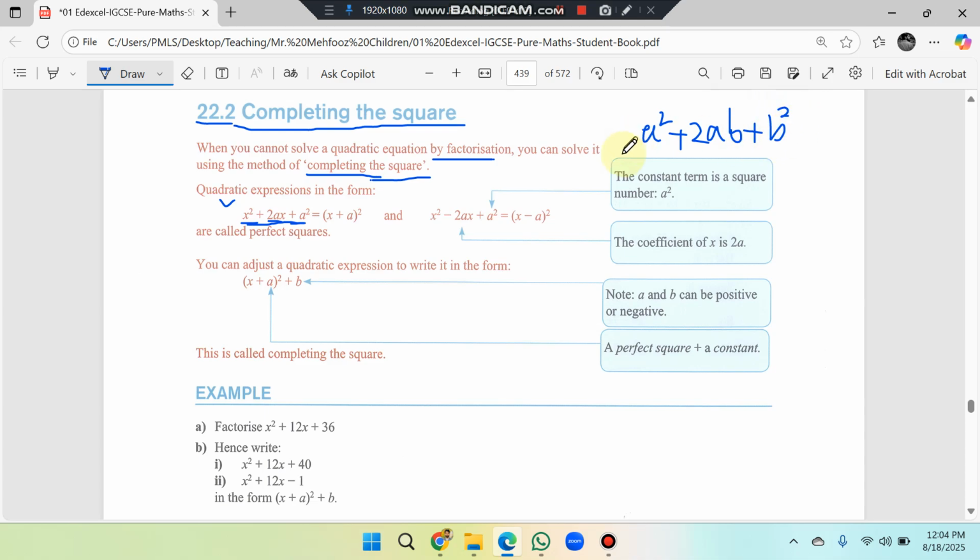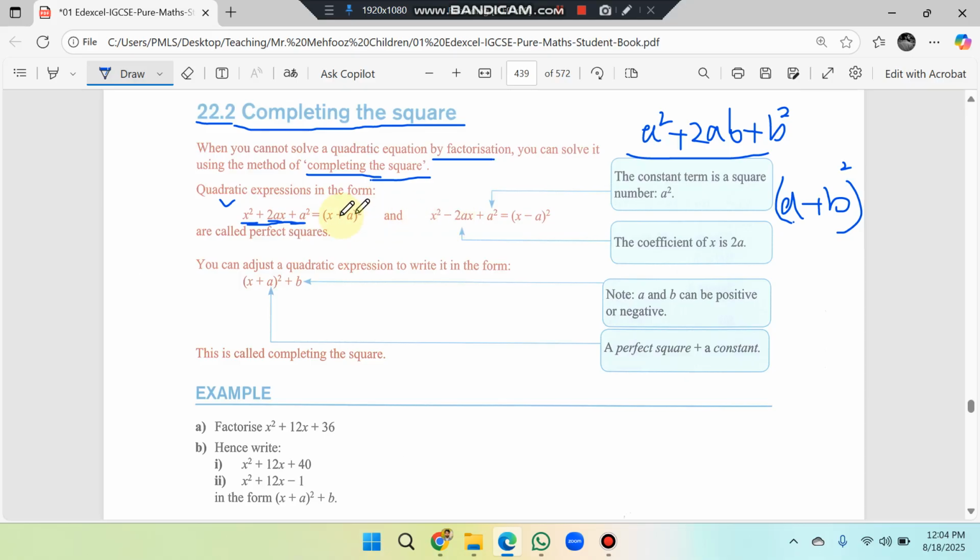This type of expression can be written as a plus b whole square. So in this question, we have the variable x and a, so we can write it as x plus a whole square. Do you understand?